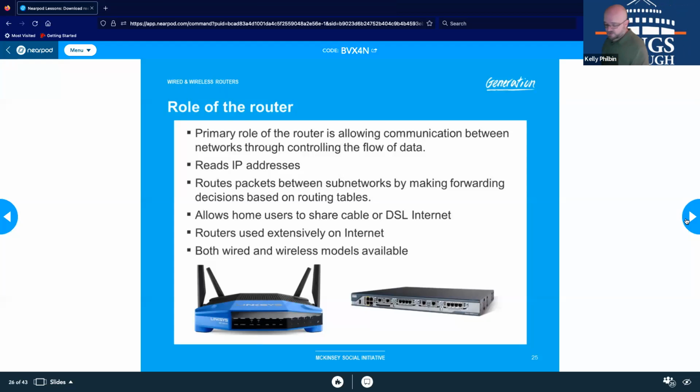It typically controls the flow of data, and it makes forwarding decisions based upon the IP address. So this is a layer 3 device looking at IP addresses and figuring out which way it needs to go.